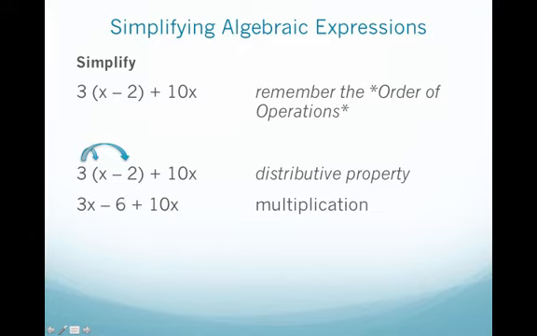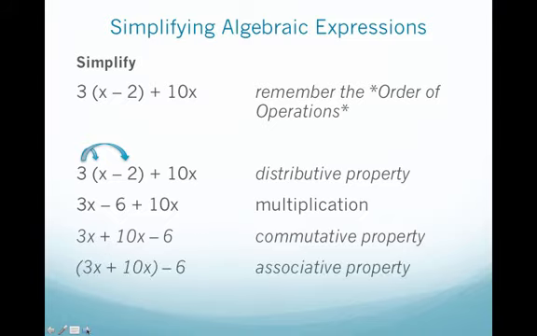Then I'm going to multiply through, so now I have 3x minus 6, and I still have the plus 10x over there. I'm just moving this 10x over to here so that I can combine these like terms, so I'm using the commutative property. Remember, it tells me I can commute or move those terms.